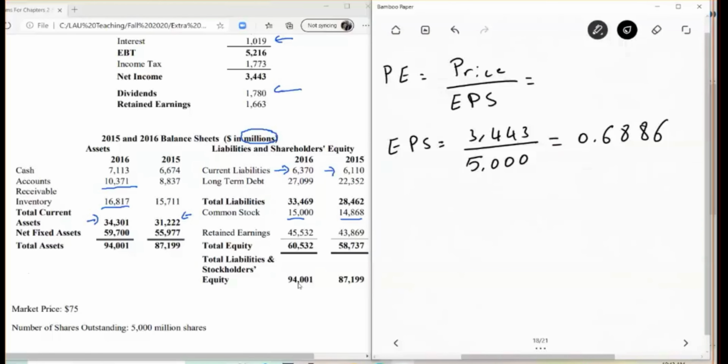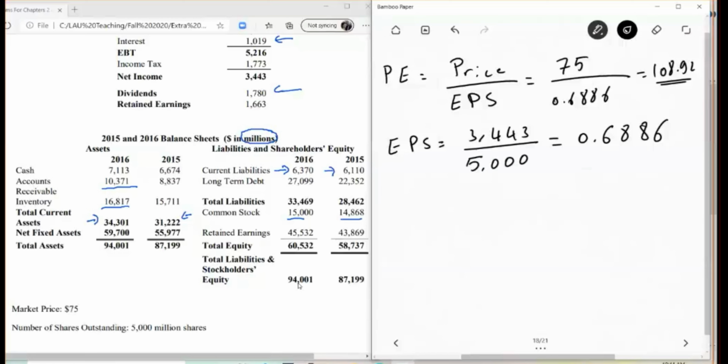So PE equals the price, 75, divided by 0.6886. The answer is 108.92. That's a very high price to earnings ratio. You may see, let's say, a growth company, a company in the technology sector, with a high price to earnings ratio.